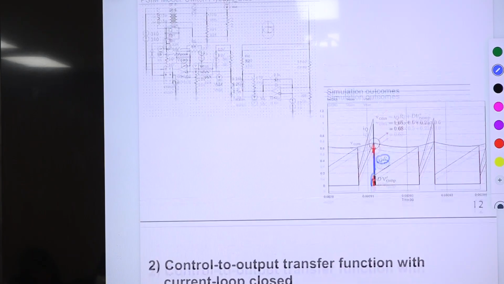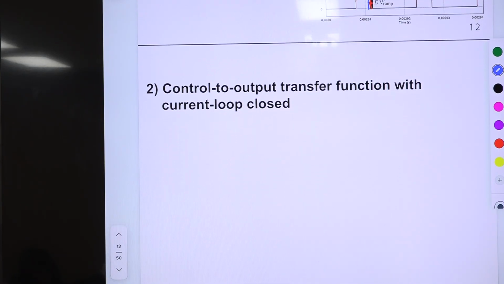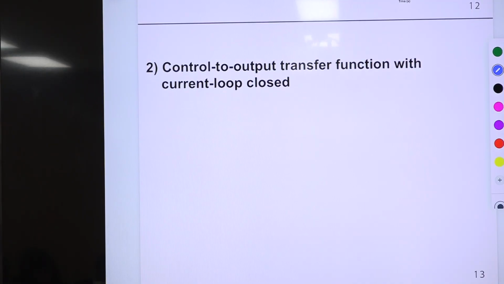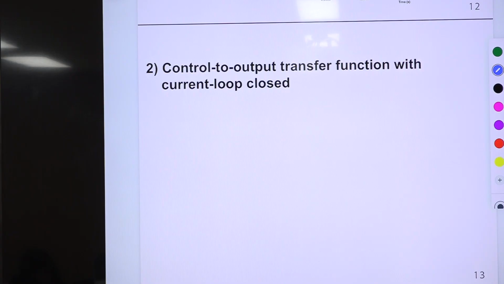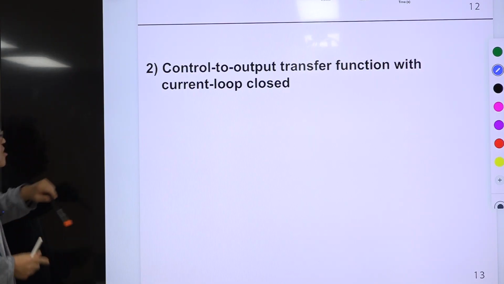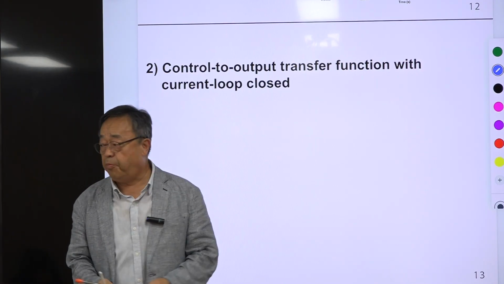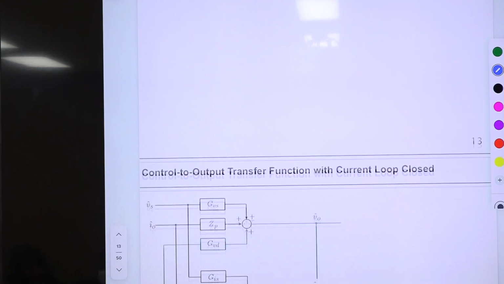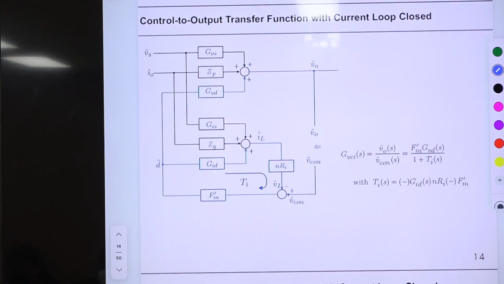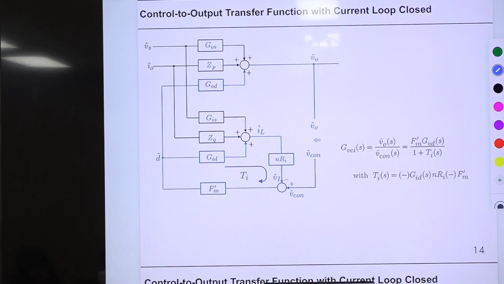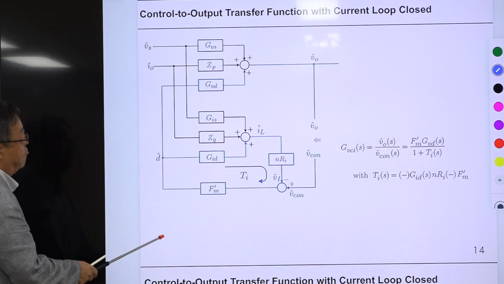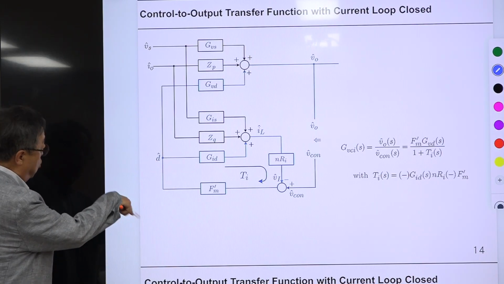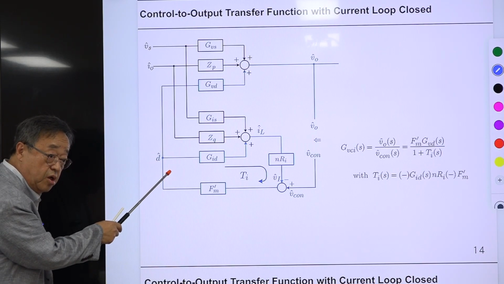Then the next step is to compute the control to output transfer function with current loop closed. This is very important. This is the basis of designing the voltage feedback circuit. So you should evaluate this, and we have this block diagram representation of our offline flyback converter, which employs peak current mode control.